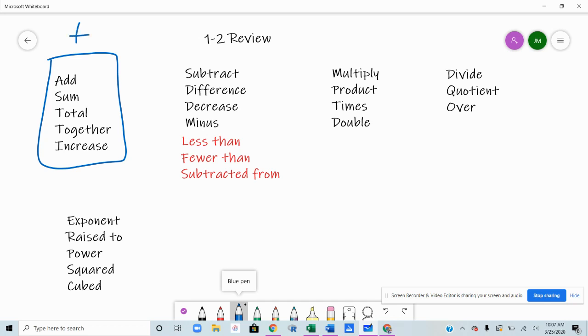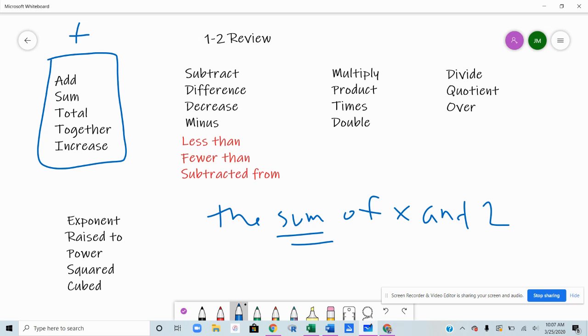Okay, so if you see something like the sum of x and 2, because you see the word sum, it says the sum of x and 2, that means you're going to do x plus 2. Okay, or maybe it says x increased by 2, same thing. It says the total of x and 2. Take x and add 2. All of those would be ways to end up writing x plus 2. Okay.